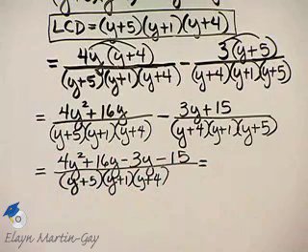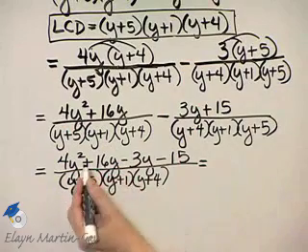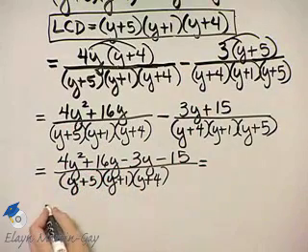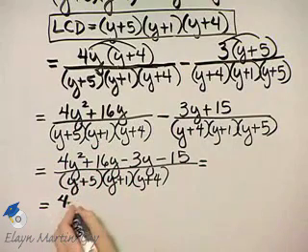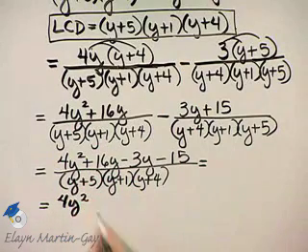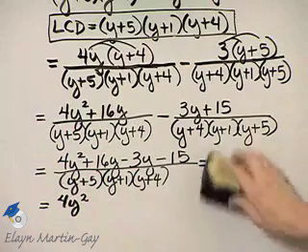Let's go ahead and see if we can squeeze it in here to the right then. Notice I have a few like terms here, so as a matter of fact, let me write it underneath so it doesn't look so confusing to you. That is 4y squared. Notice I have a few like terms.